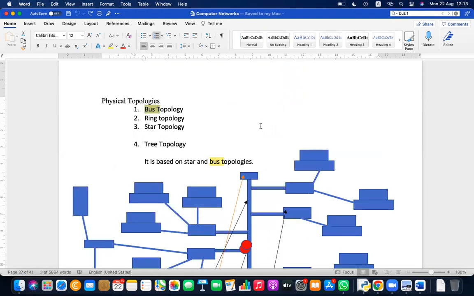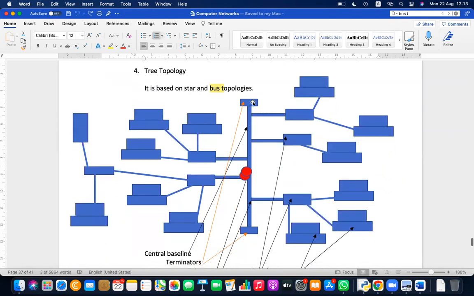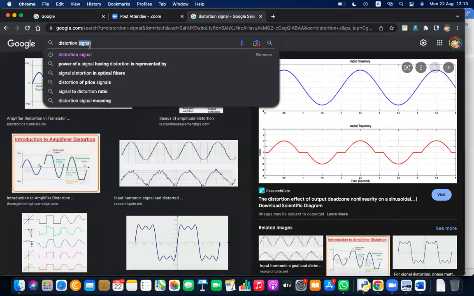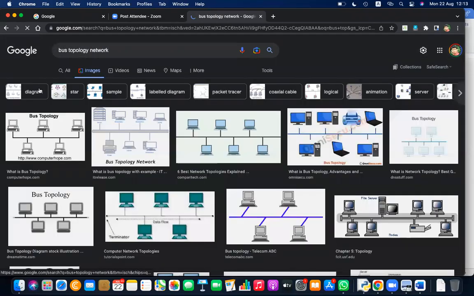Okay, see here. So physical topologies, bus topology. Bus topology is where the network is connected to a central baseline. Just study only the baseline. I'll show you an image of bus topology. So this is it.